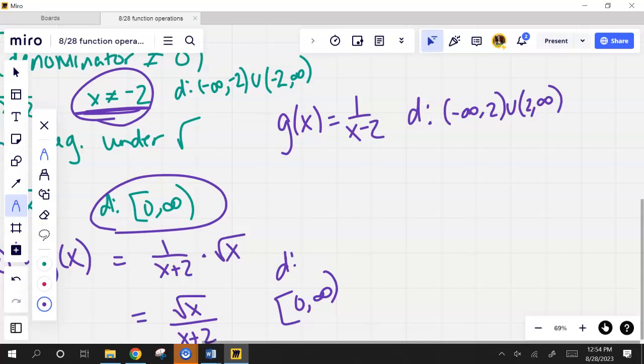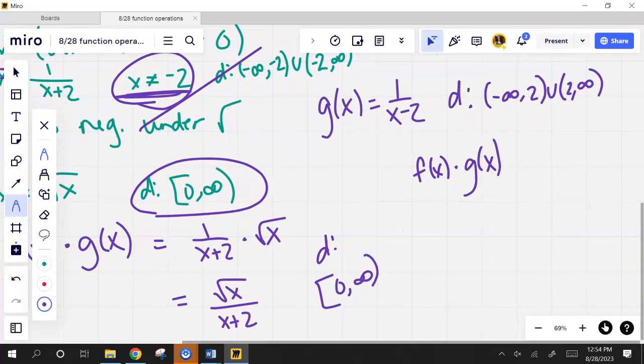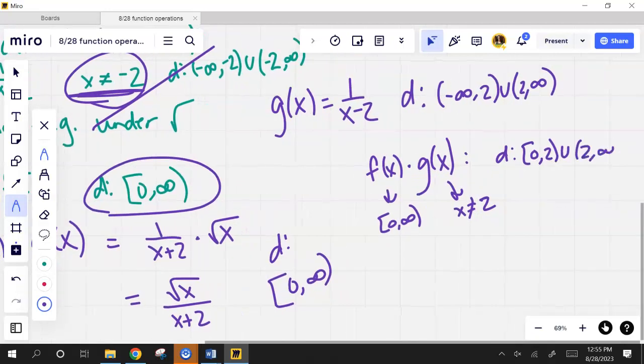So now the combined domain: for this one, x is greater than 0. For this one, x can't be 2. So how do I write that all together as a combined domain? Because I take everything, but I just leave out 2. That's the only new part of this.